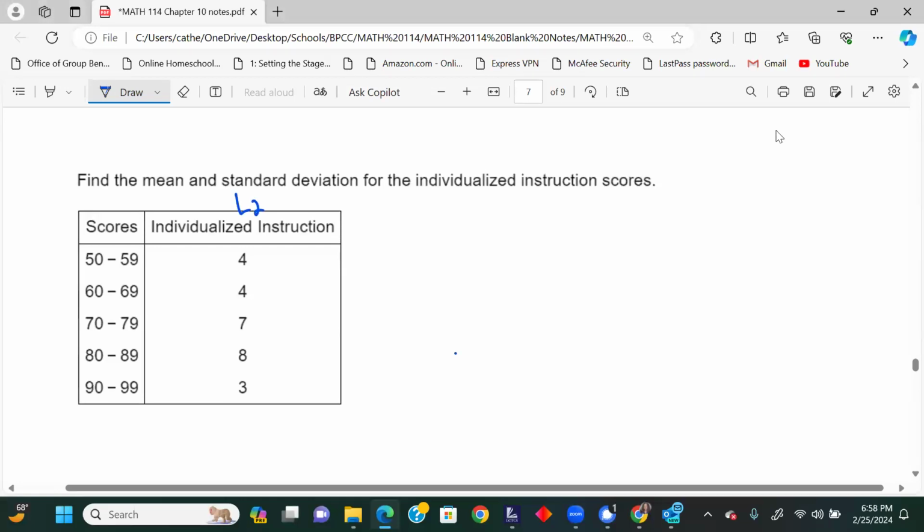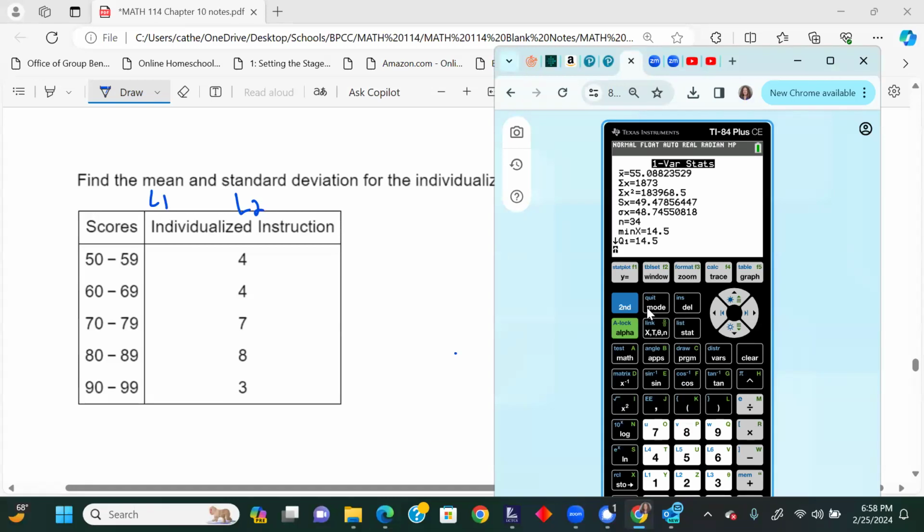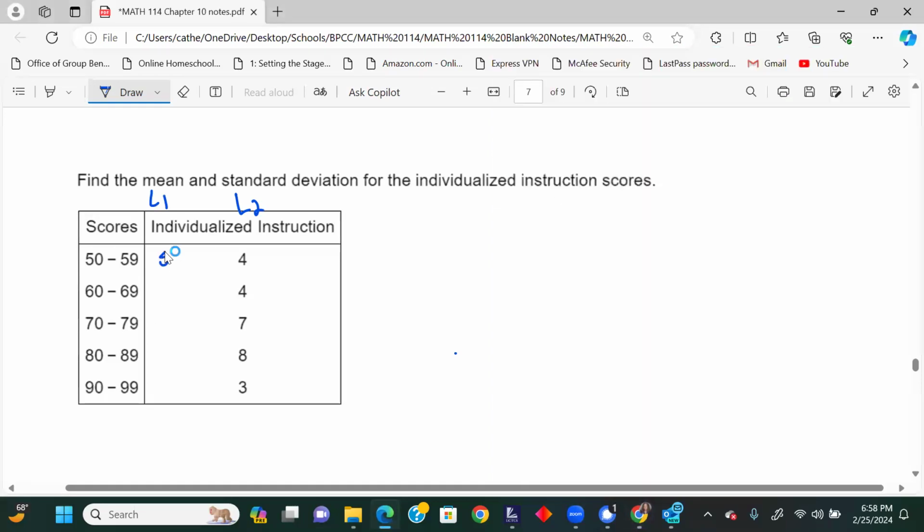This is our frequency, L2. We're just going to put L1 right here. So we need to find the midpoint. So second quit. So 50 plus 59, divide that by 2. So I get 54.5 is the midpoint. And we're going by increments of 10, you see here. So we're just going to add 10.